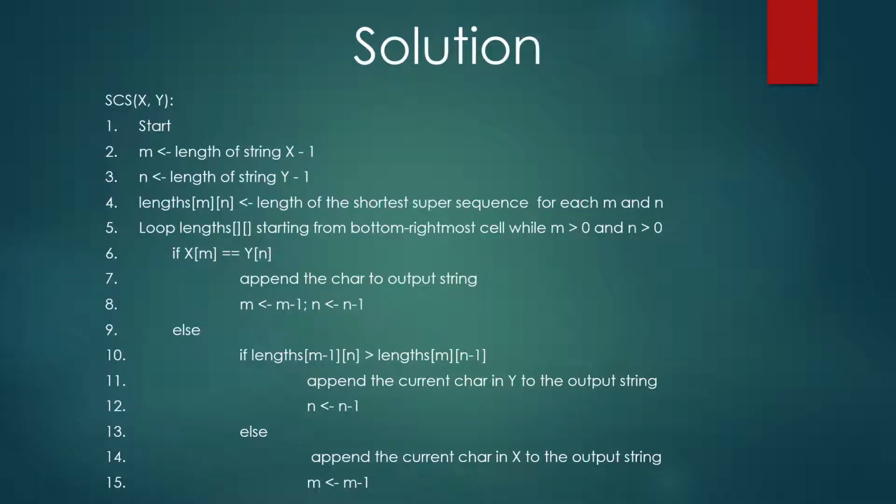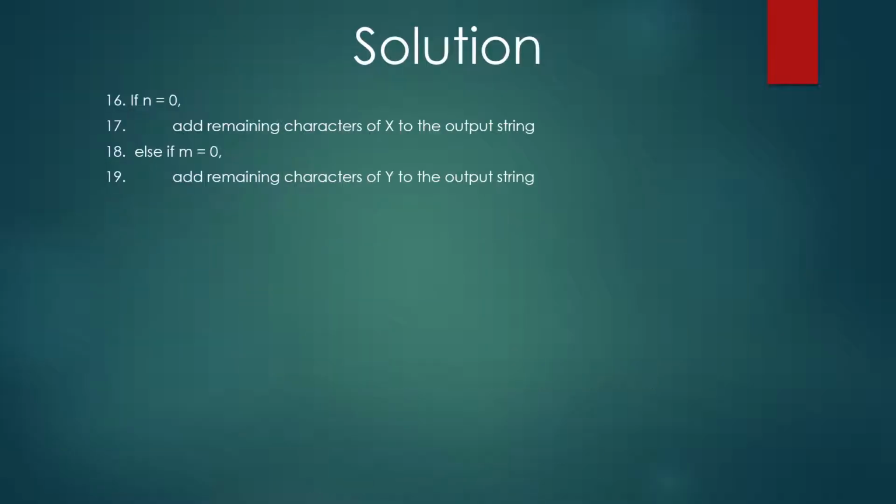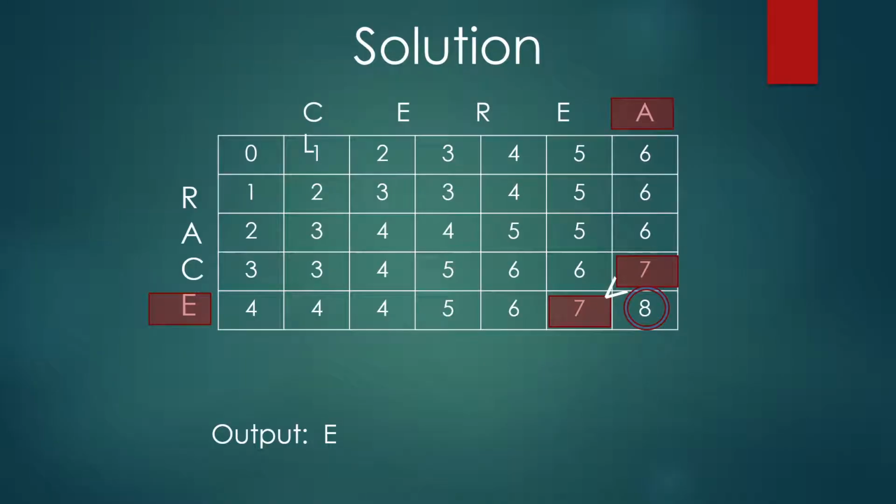For the previous example, let us find the shortest common supersequence. We will start with the bottom rightmost cell. We will compare characters of x and y corresponding to the current cell first. If they match, then we will append it to the output string and move one cell diagonally left.